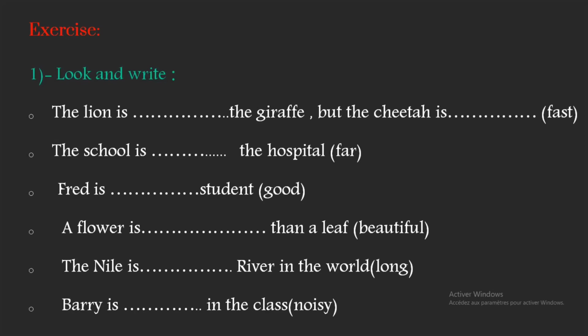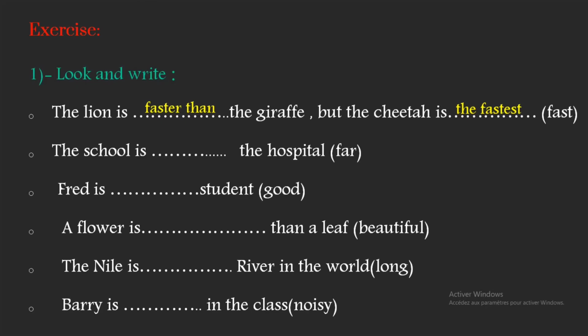To form the comparative and superlative of a monosyllable adjective, we should add er to the end of the comparative adjective and est for the superlative adjective. So the answer will be, the lion is faster than the giraffe, but the cheetah is the fastest.